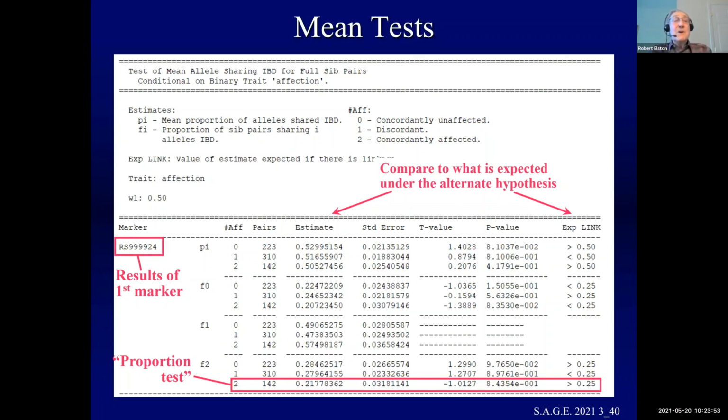And then for F0, this is like the proportion test. What you expect is smaller or greater than 0.25, depending on whether there are 0, 1, or 2 affected in the pair.